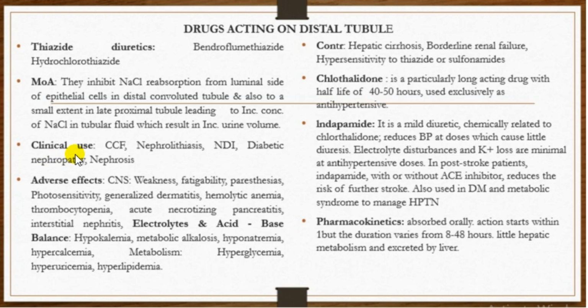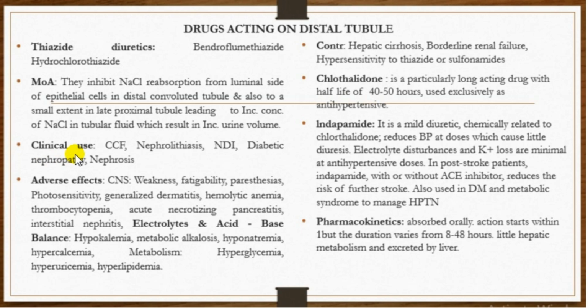Basically, we use them in congestive heart failure, also in some nephrolithiasis, and also in neurogenic diabetes insipidus. Also, we may use them in diabetic nephropathies, and also in other nephroses. So that is the clinical use of these drugs.